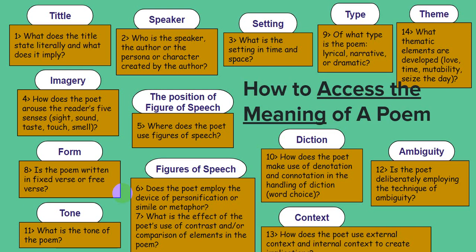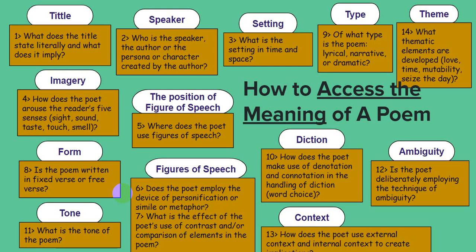And then the 12th one is ambiguity. The ambiguity is about apakah di dalam puisi itu terdapat kata-kata yang ambigu. Okay. Jika ada, sebutkan. Jika tidak ada pun tetap dijelaskan. Gitu ya.